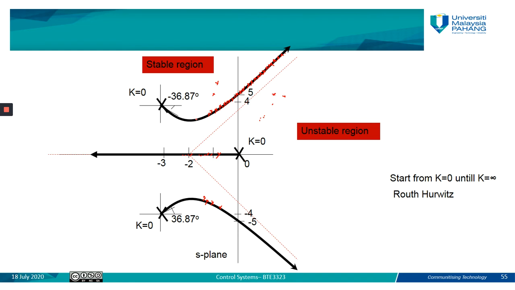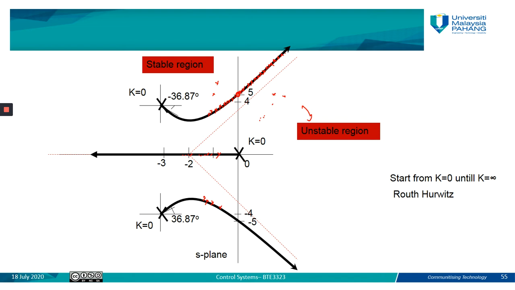According to root locus number 2 and number 3, here we can see there is a border or a margin. At this point, k equals 150, and if k is increased more than 150, the system will start to become unstable because it goes to the unstable region.